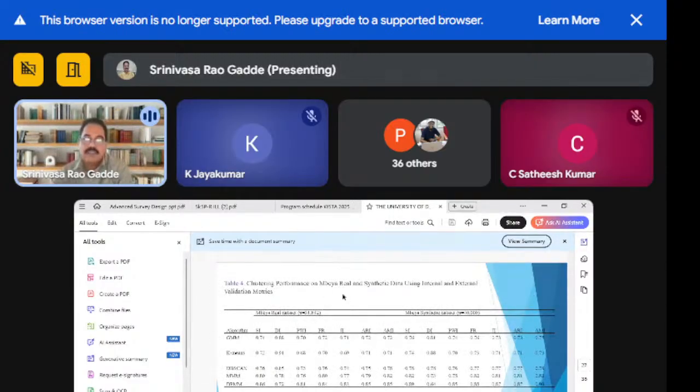Similarly, for the Bay region, we have considered internal and external validation metrics and their indices. Here for DI, K-means is performing well, whereas in other situations DPMM is performing well. And in the third region, Kilimanjaro, DPMM is also performing better as compared with the existing models.